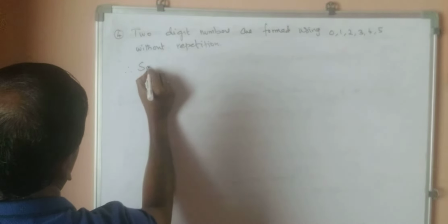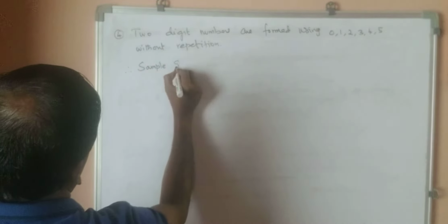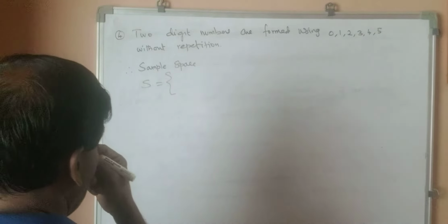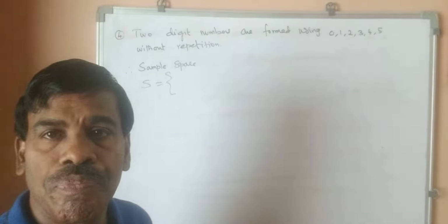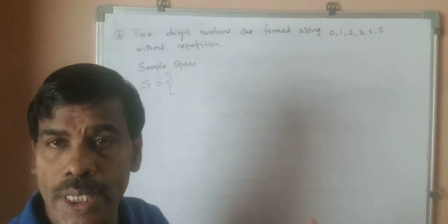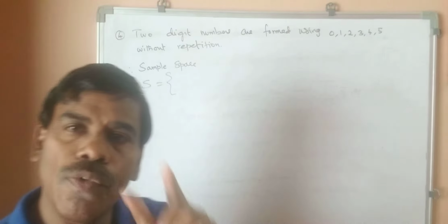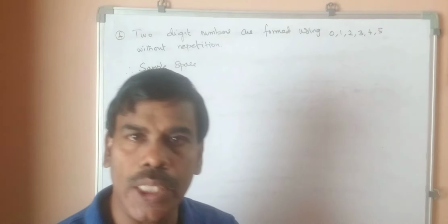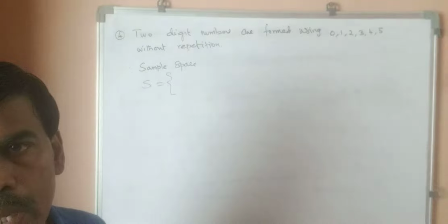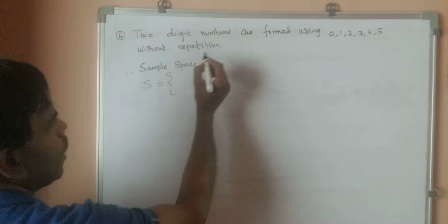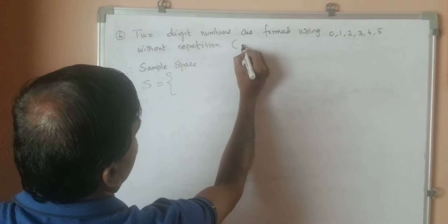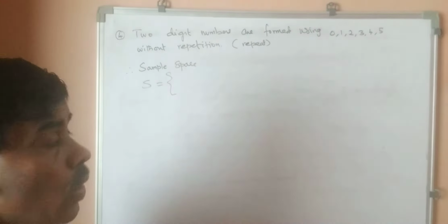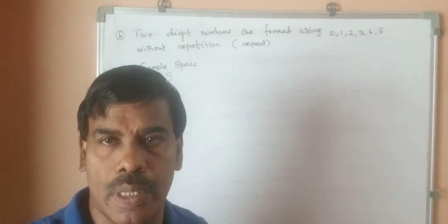Now you tell me, you have 6 numbers, you have to form 2-digit numbers, but without repetition, nothing should repeat. Repetition means no repeat. No repetition, you should not repeat the numbers.